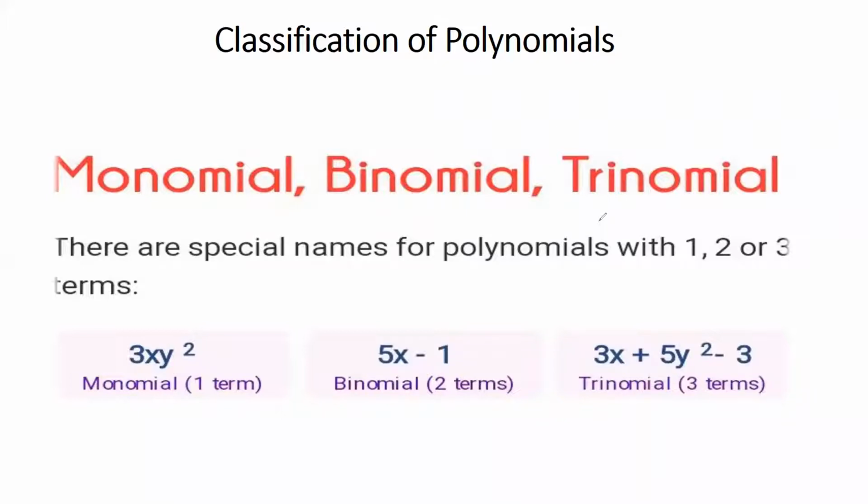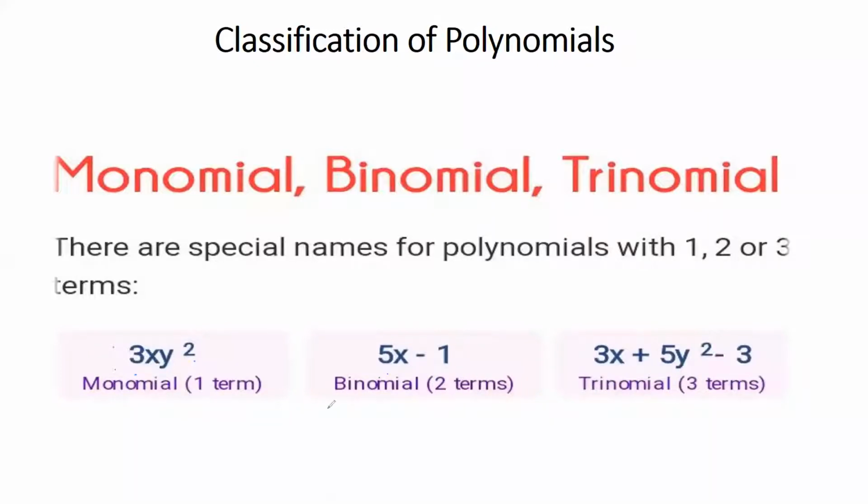Here we can see that in the first example there is only a single term, so it's called a monomial. Now in the second example, we can see 5x minus 1.